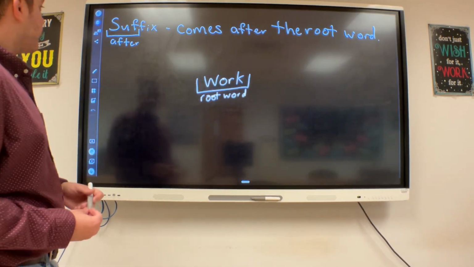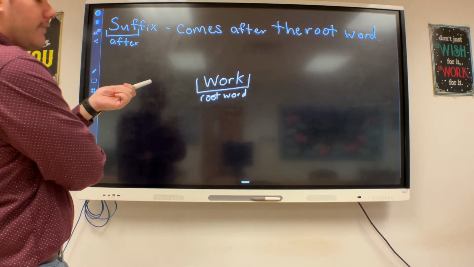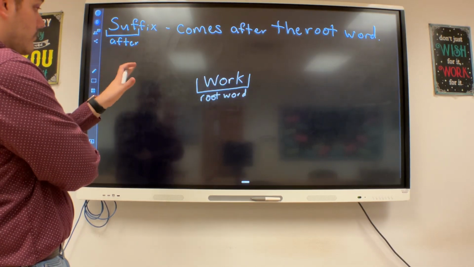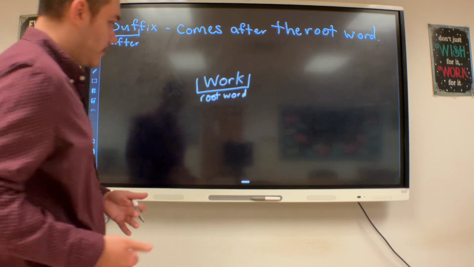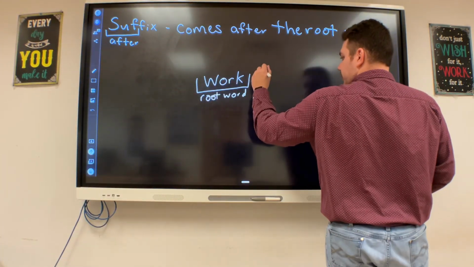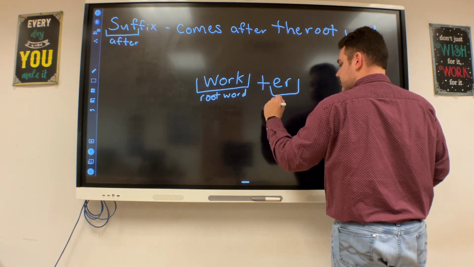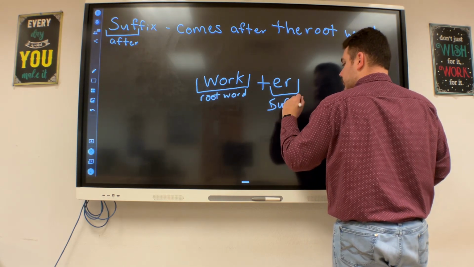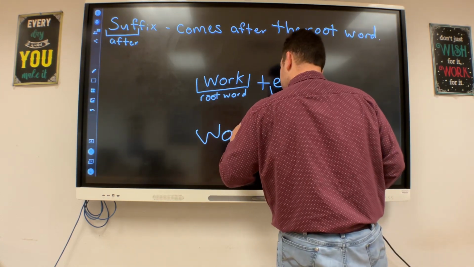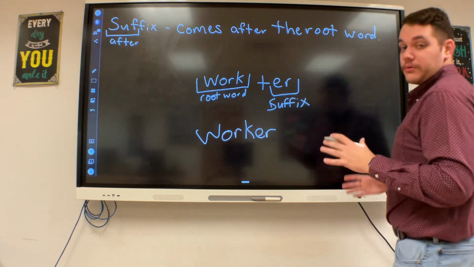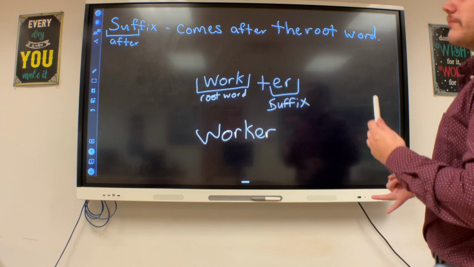Like I said, the other one is the suffix, which comes after the root word. So in this example, our root word is going to be work. And so we know that means to exert, to do something, to work. But if we said worker, now we know a worker is somebody who does the work, and it would be the same with teacher or builder.